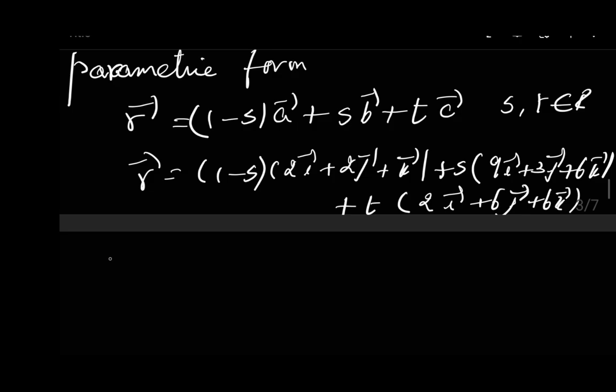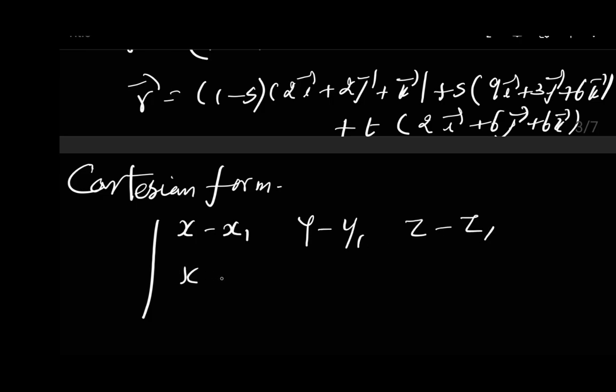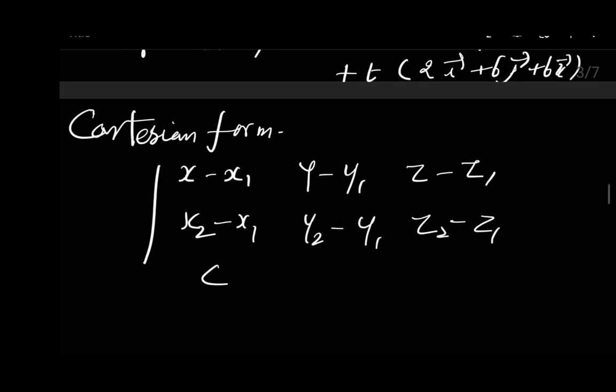Next is Cartesian form. Determinant: x minus x1, y minus y1, z minus z1; x2 minus x1, y2 minus y1, z2 minus z1; c1, c2, c3 is equal to 0.